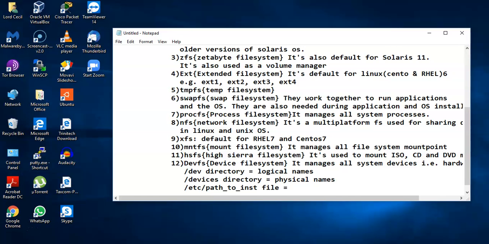and the path_to_instance file is equal to instance names. Okay, and this is the kernel's abbreviation.